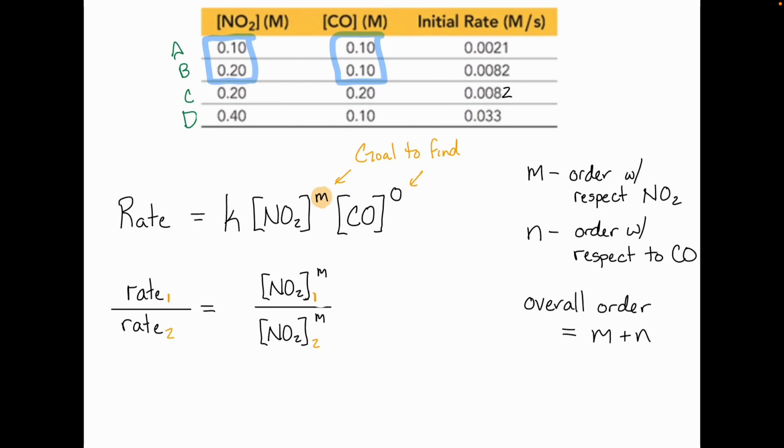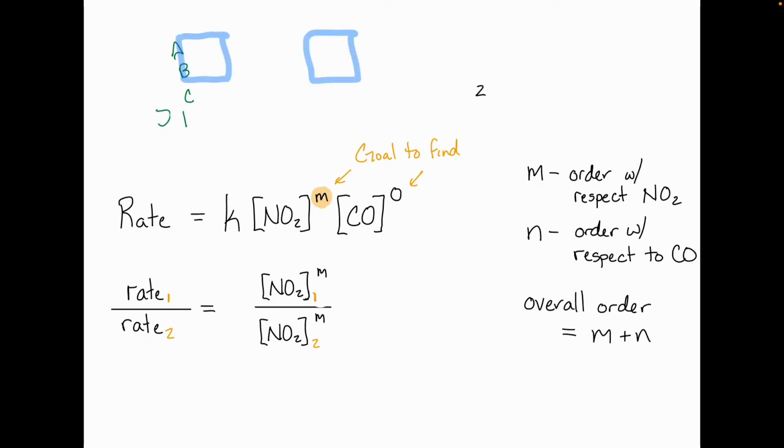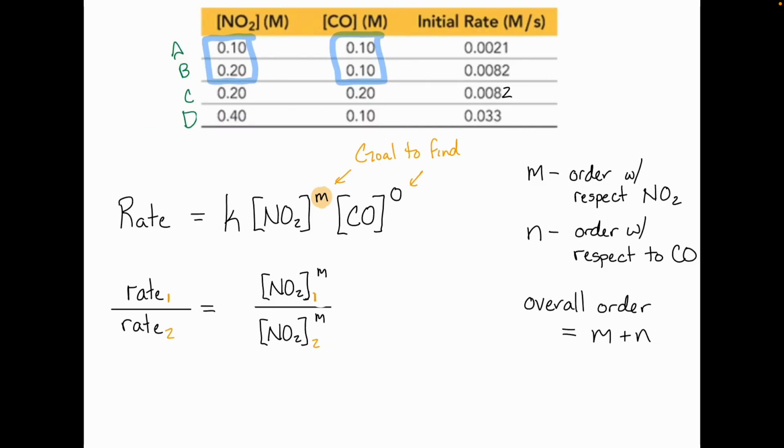All right, so again, by selectively picking these concentrations where my carbon monoxide is held constant, that cancels out along with k. So my ratio of my rate expressions just becomes this. Then I can plug in my data.